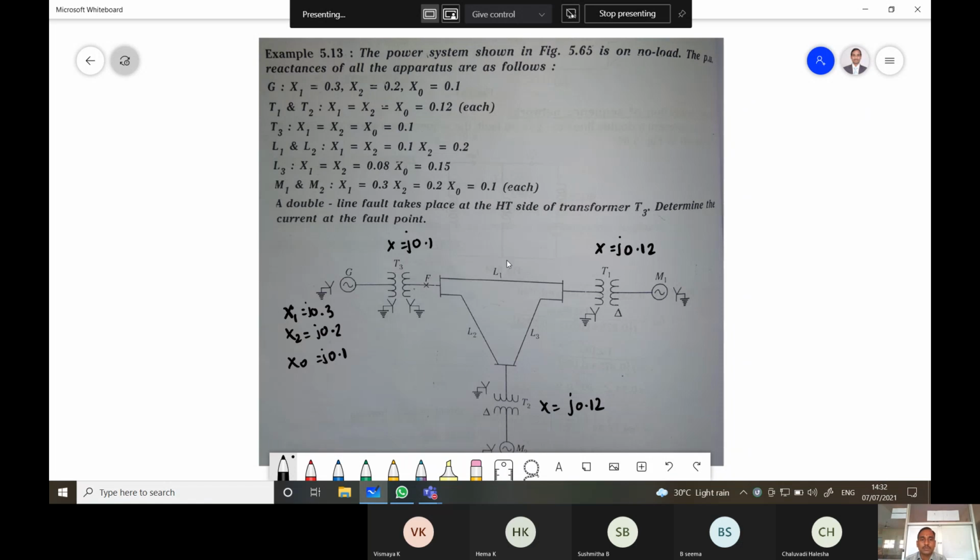For L1 and L2, X1 and X2 is given, equal to 0.08. So similarly for L2 also 0.08, and another one is X0 actually.